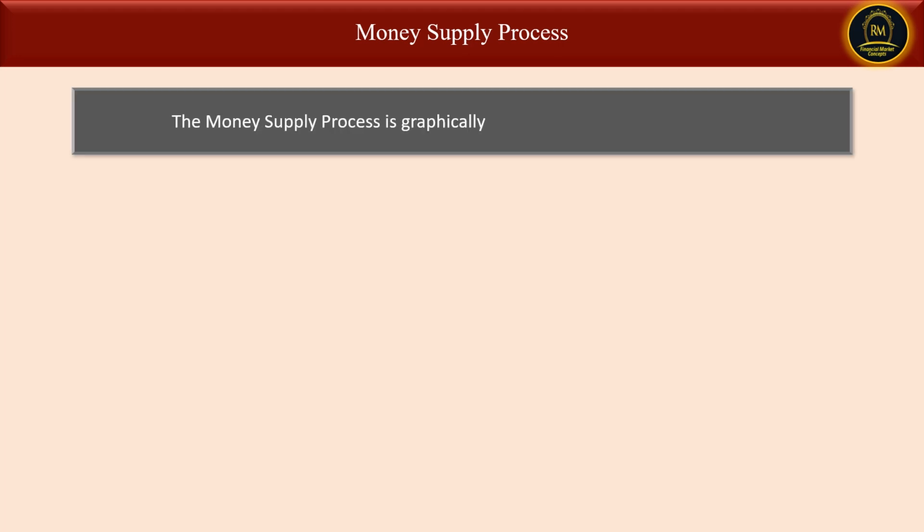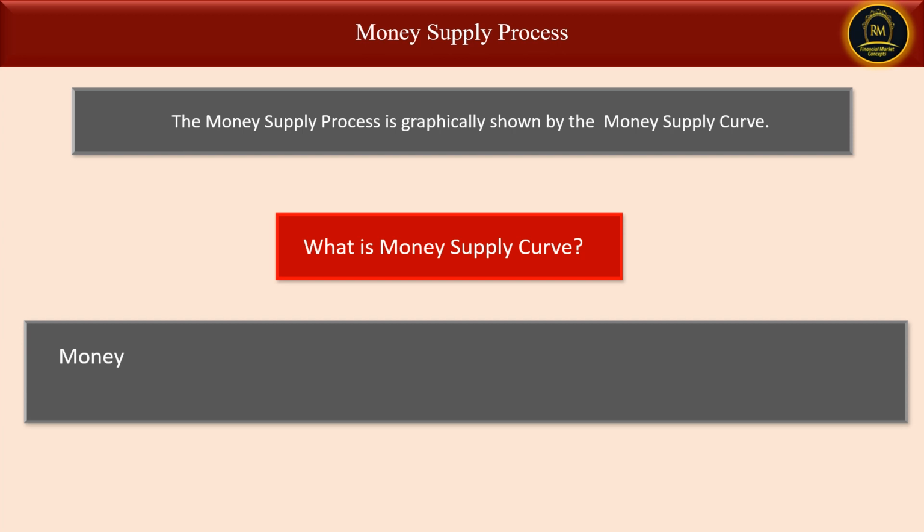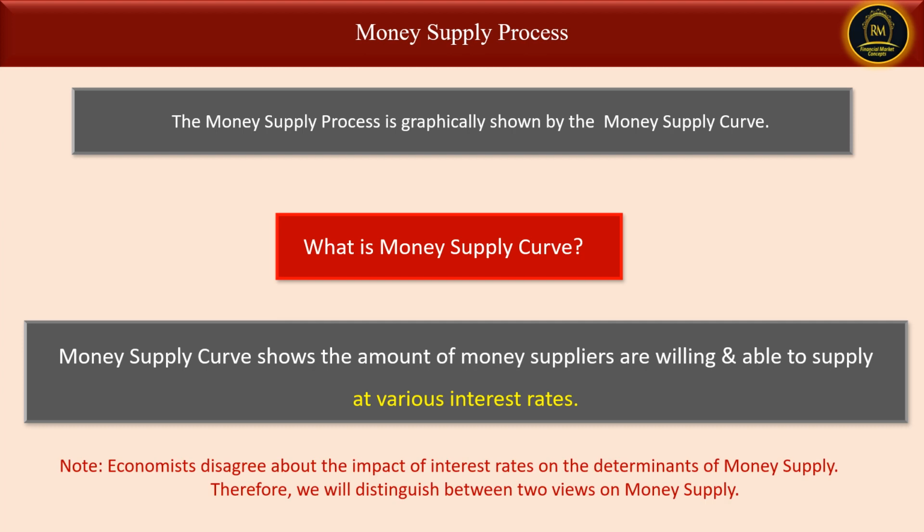Now coming to the money supply process. The money supply process is graphically shown by the money supply curve. Now the question is, what is this money supply curve? Money supply curve shows the amount of money suppliers are willing and able to supply at various interest rates.